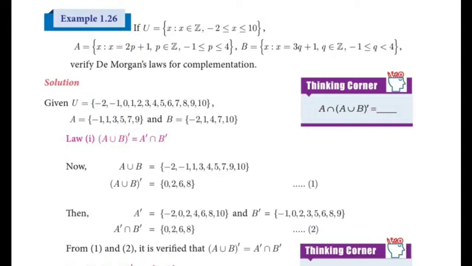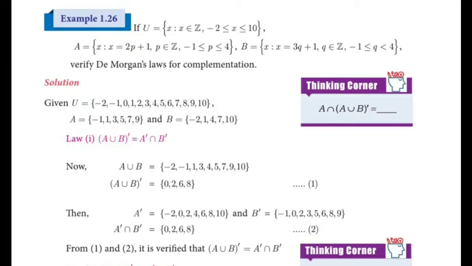Next one, example 1.26. If U = {x : x ∈ Z, -2 ≤ x ≤ 10}, A = {x : x = 2p + 1, p ∈ Z, -1 ≤ p ≤ 4}, B = {x : x = 3q + 1, q ∈ Z, -1 ≤ q < 4}.